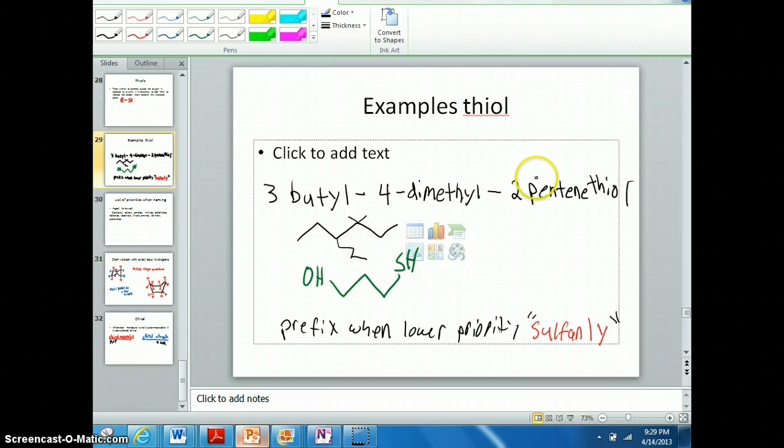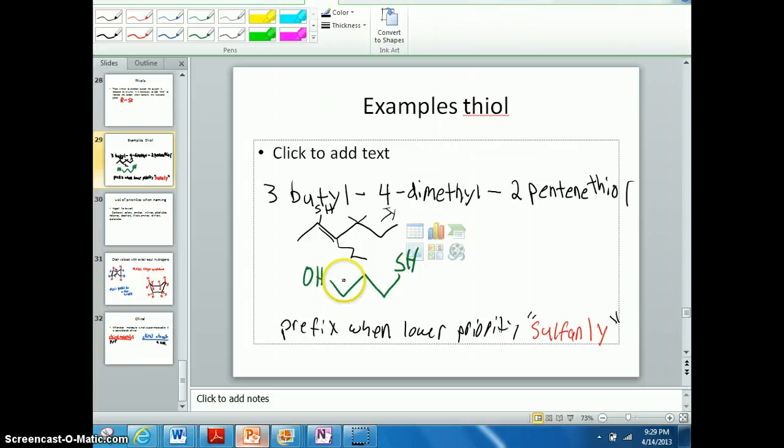And at 2 we have a double bond, as well as our SH. So that right there is the name for that molecule.